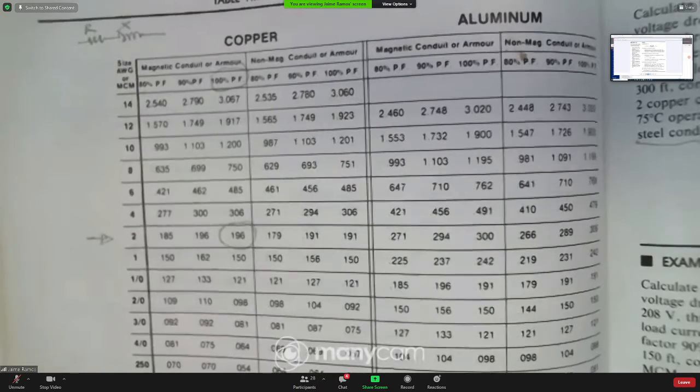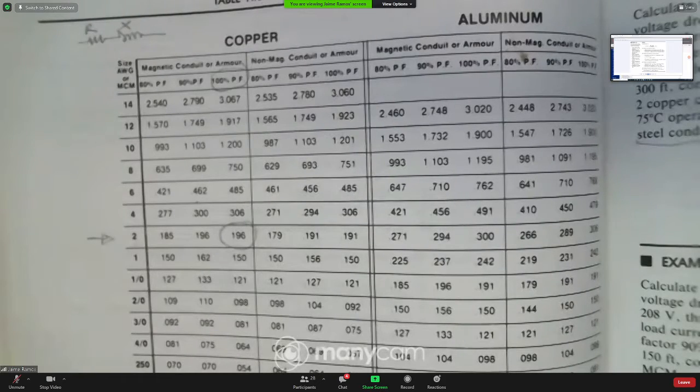We took 277, which is the line-to-neutral voltage from the 480 volt line-to-line voltage. This table is good for phase voltage.